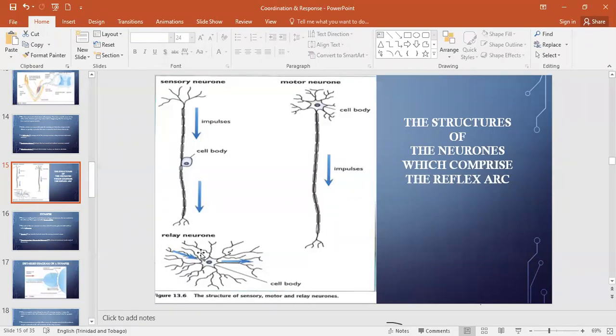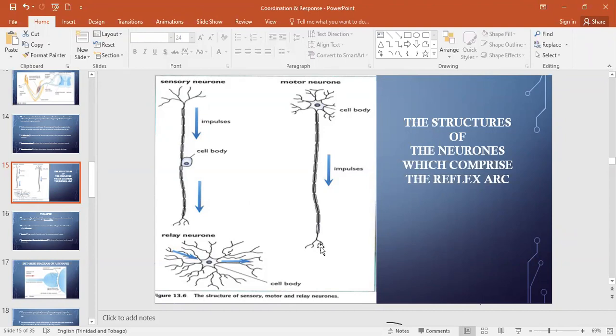So in essence, from the relay neuron, you see at the ends here, it would be connected to the dendrites of the motor neuron here, so that the information from the sensory neuron, when it reaches the nerve endings or the axon terminals right here, is then transmitted to the relay neuron through these dendrites, passes along the cell body, which will then be connected to your motor neurons via the dendrites, and then the information continues to be passed along the cell body of the motor neuron.